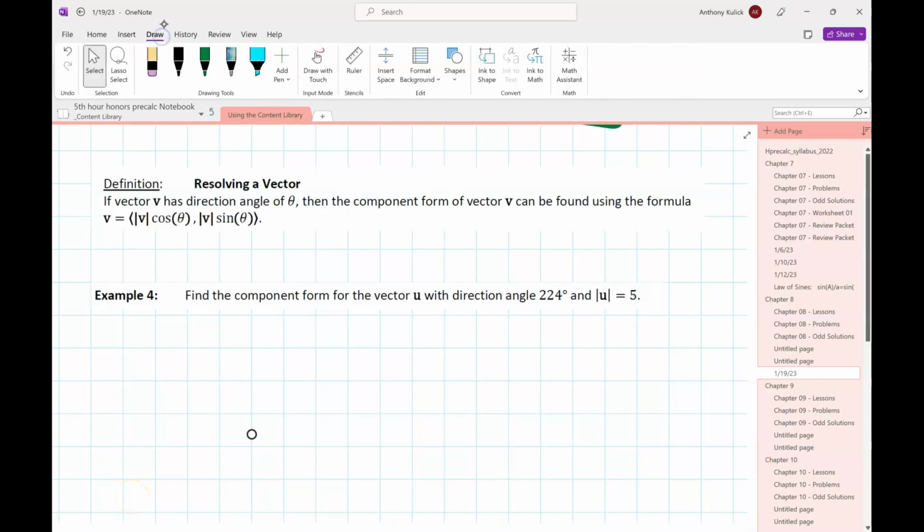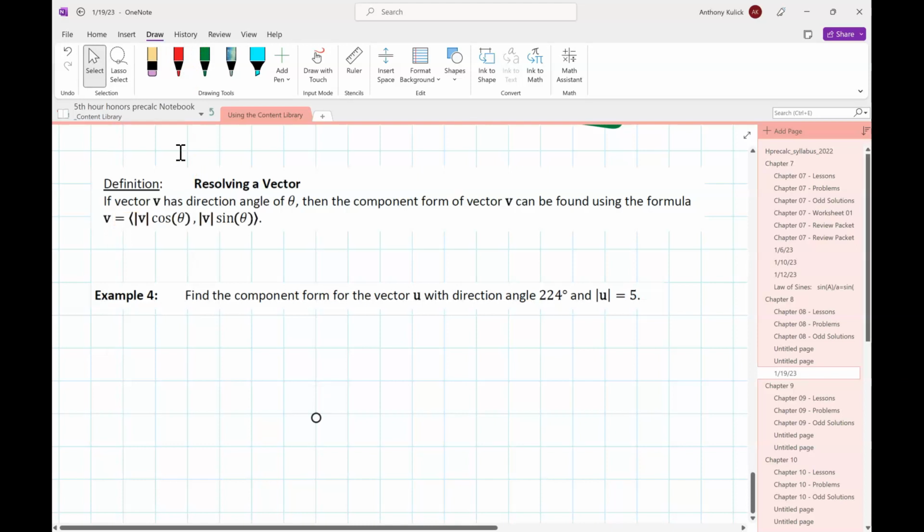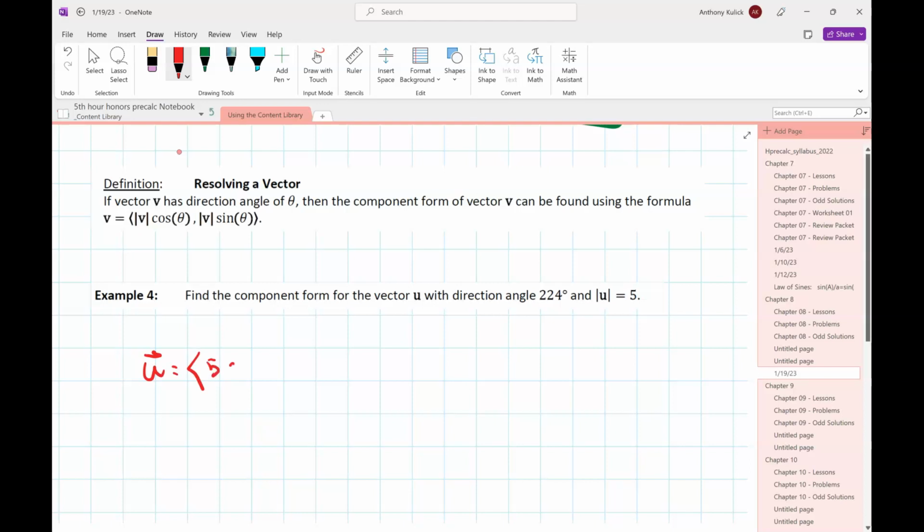Let's do a quick numeric example. We want the component form for vector u, whose direction is 224 and whose magnitude is 5. So it's nothing more complicated than plugging it into the formula we just derived.